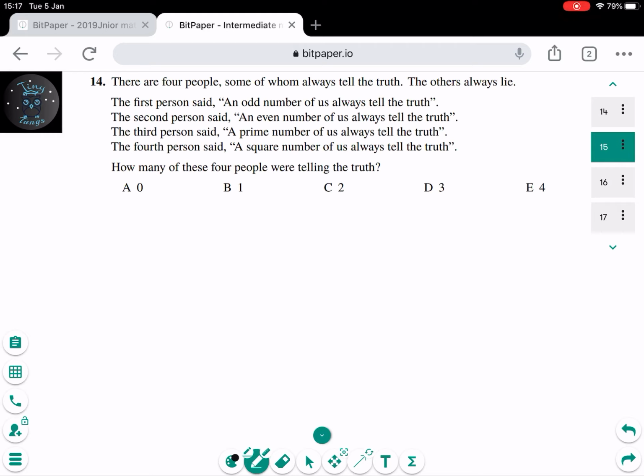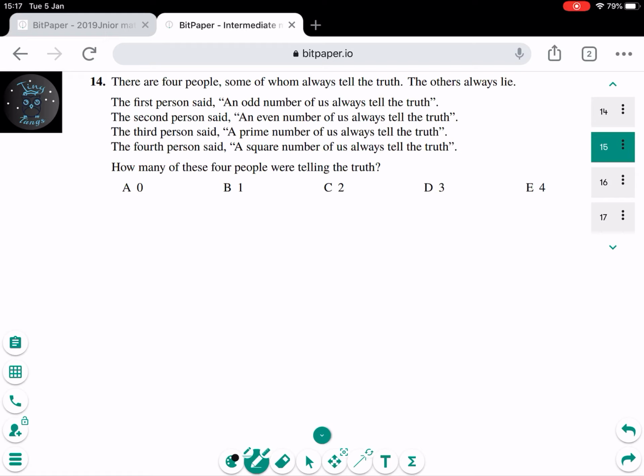So you know there has to be one among these two that is telling the truth, or one that is telling the lie. And same here, because it says a prime number or a square number, or it might actually be both people are speaking the truth. So it might be 2 or 3.